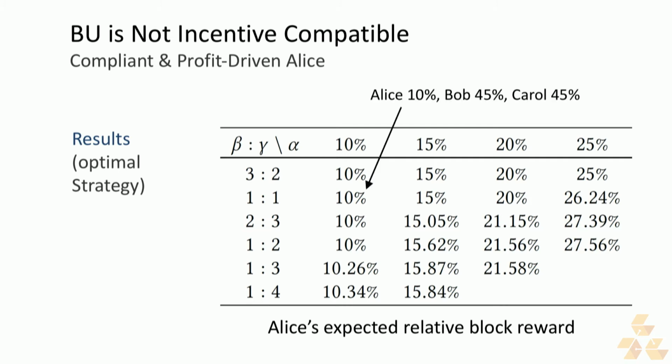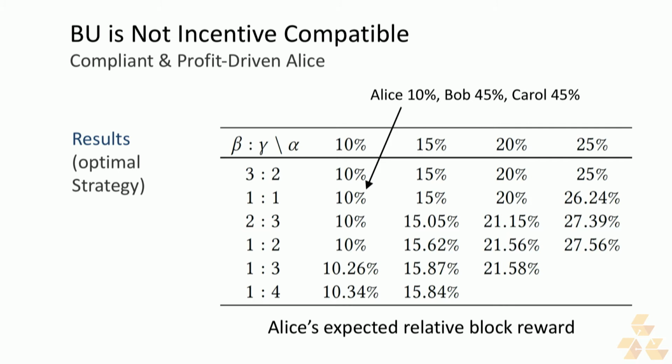Namely, Alice controls 10%, Bob controls 45%, Carol controls 45%. And the number means Alice's relative block rewards. In this entry, Alice can get 10% of the block reward, which is fine, right? Because if you have 10% of mining power, you're expected to have 10% of the block rewards.